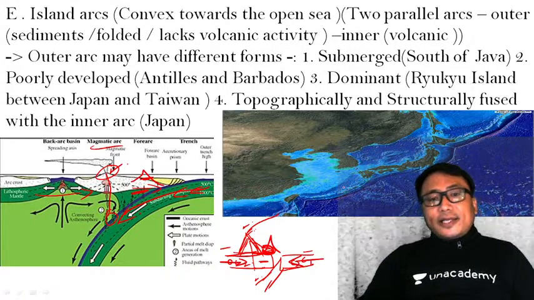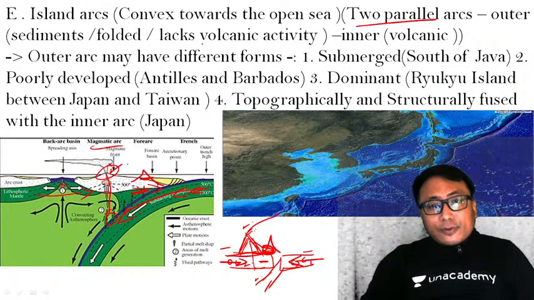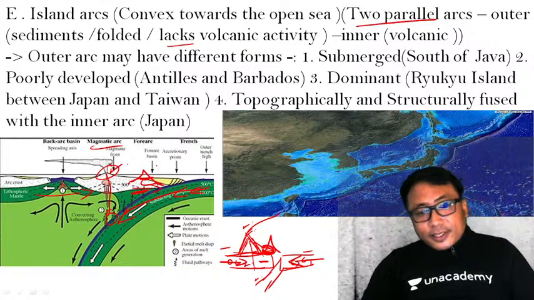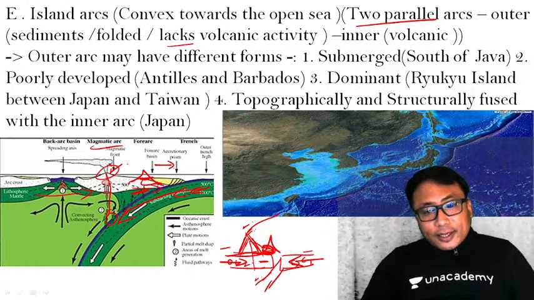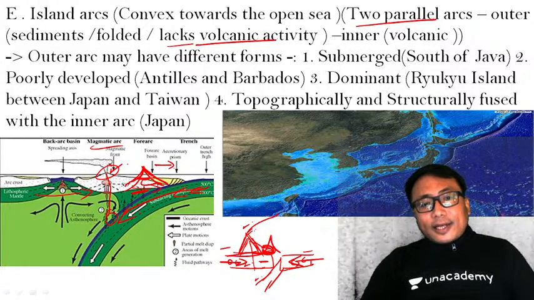Therefore, any island arc that you find will have two parallel arcs. The outer one is because of the sediments. This is the outer one. The sediments are folded. Because of folding, this type of arc is formed, and it lacks volcanic activity. Why?